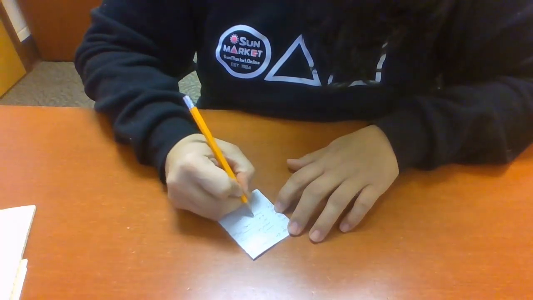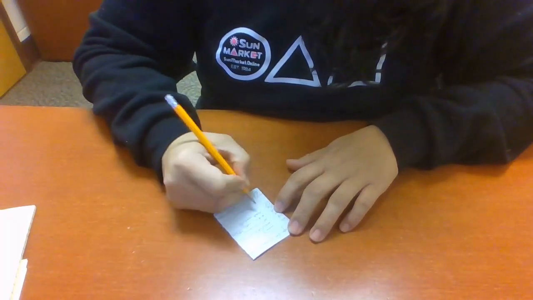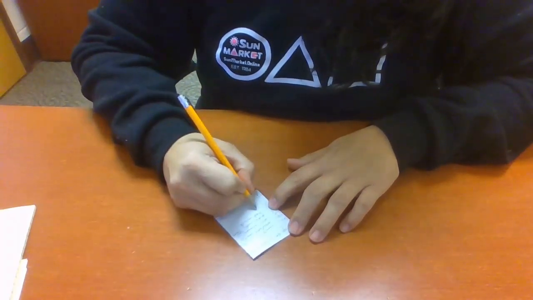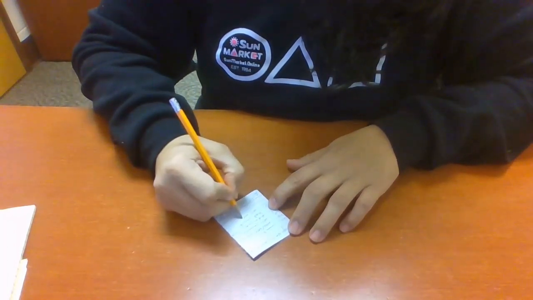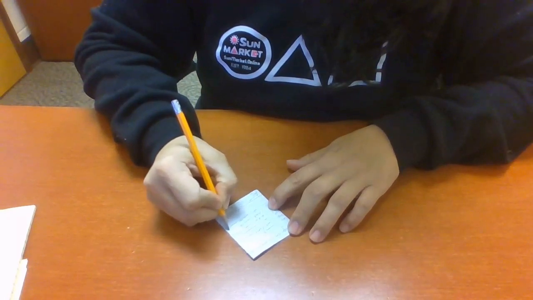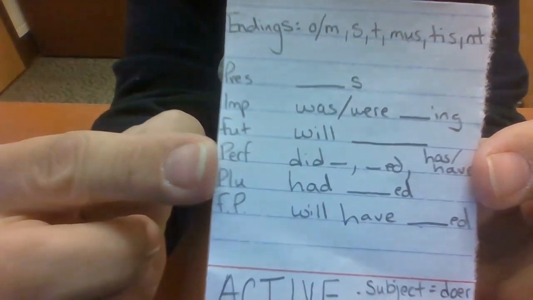Pluperfect can only be had, and then it's blanked. And then future perfect is the future tense word, which is will, the perfect tense word, which is have, and then blanked. So please write that down on your note card.